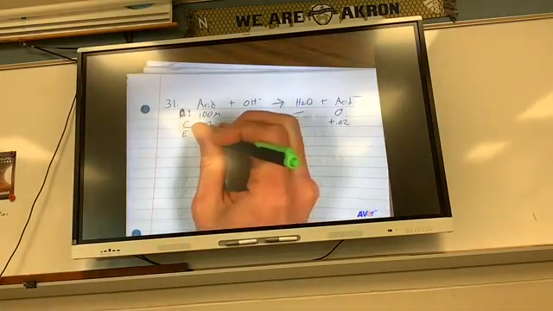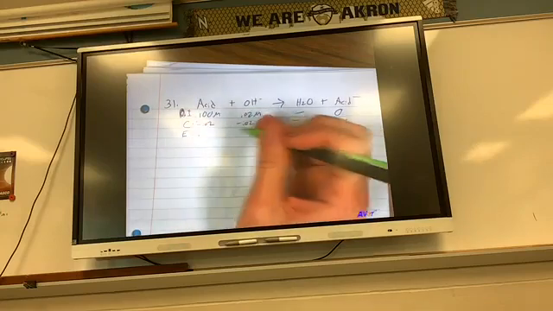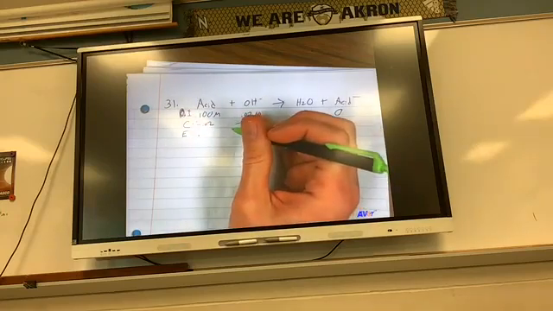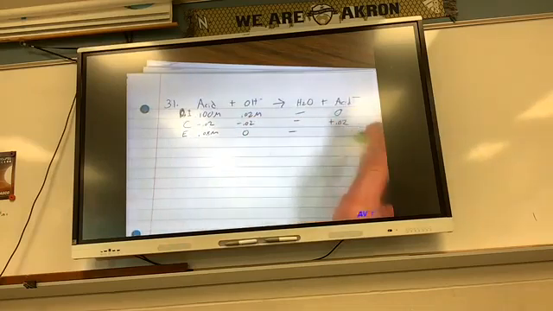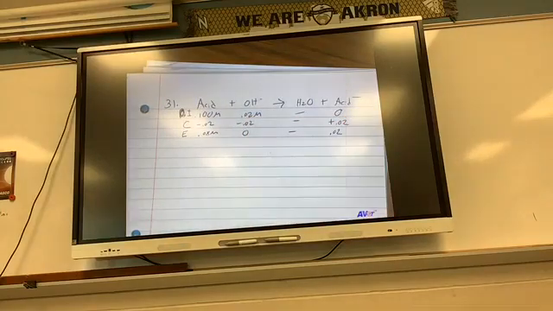Equilibrium, I have 0.08 molar, nothing, not part of it, 0.02. Wait, 0.1 minus 0.02. That's 0.08. Okay. Got it now.